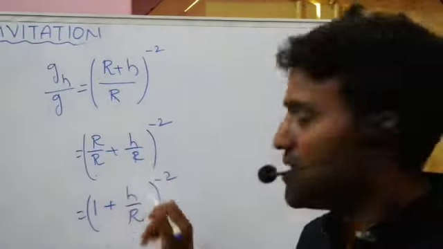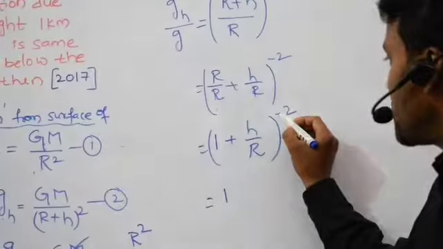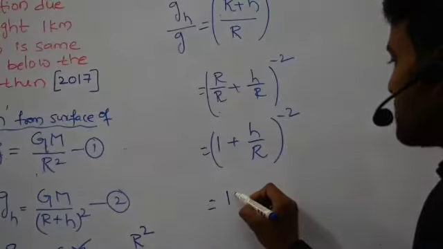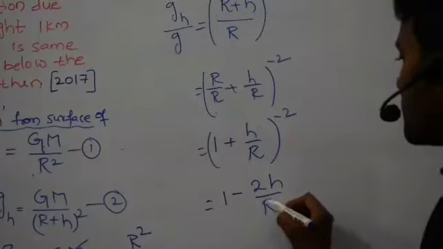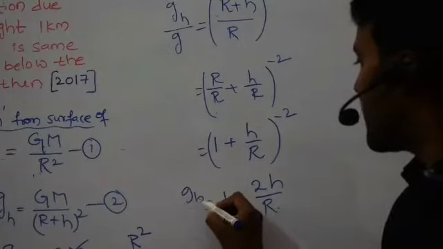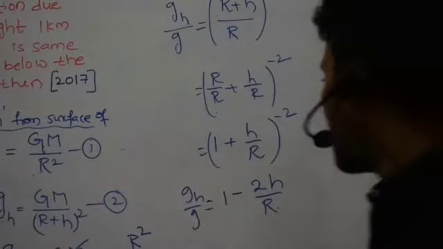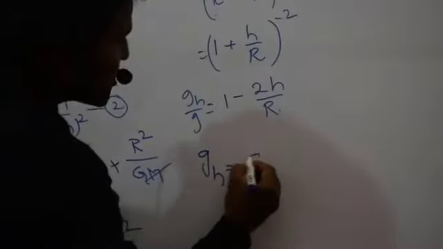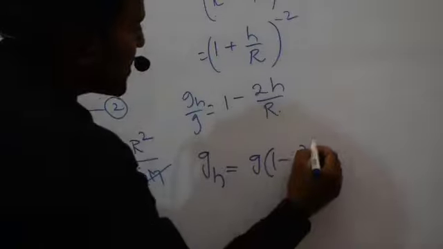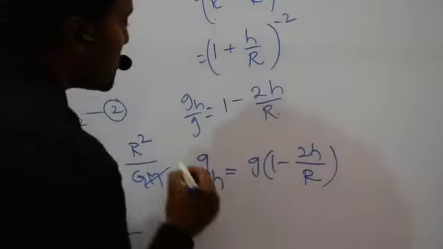That's enough. 1 minus 2 is there, here plus is there. Minus into plus, minus 2h by R. This is gh by g. g I am taking this side. gh is equal to g into (1 minus 2h by R).